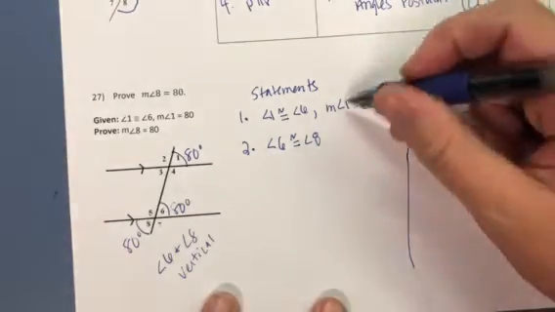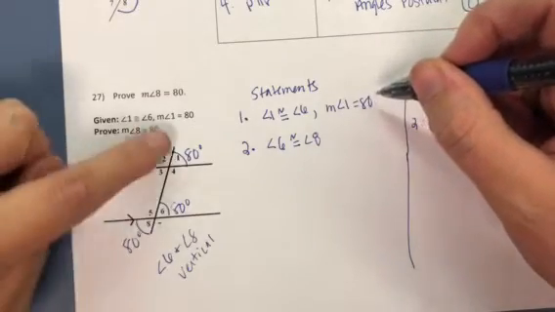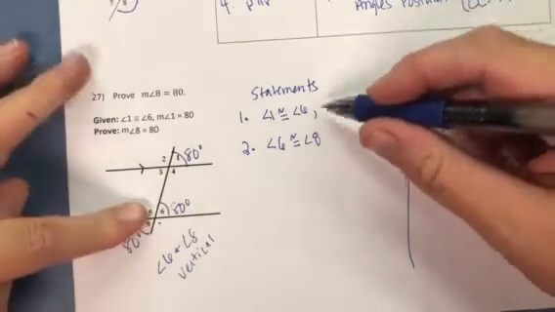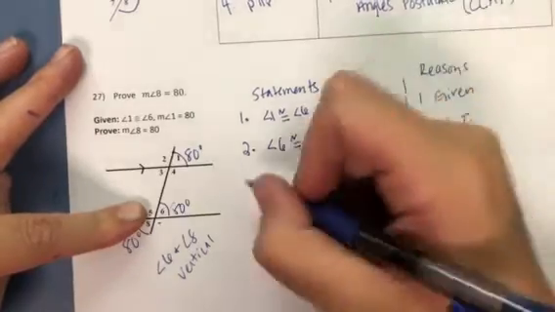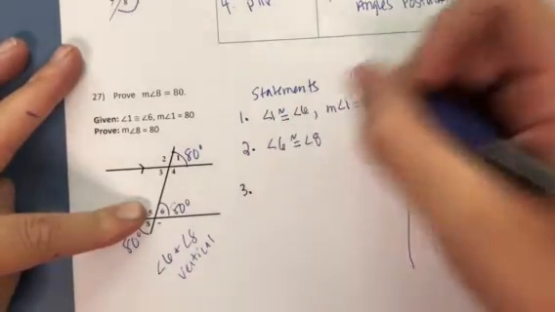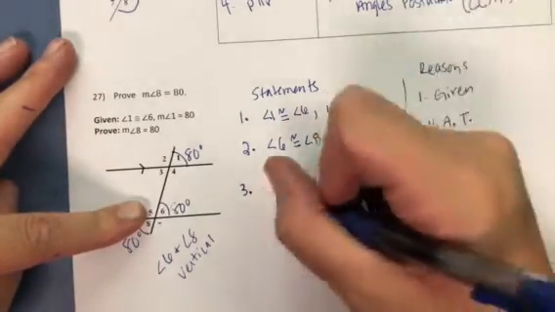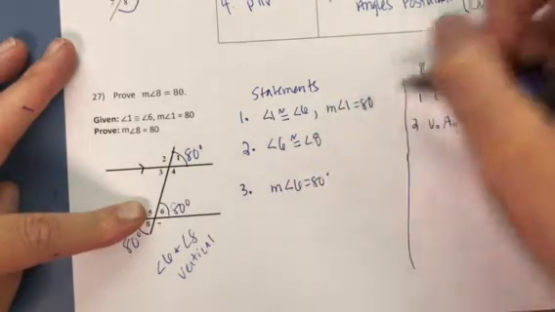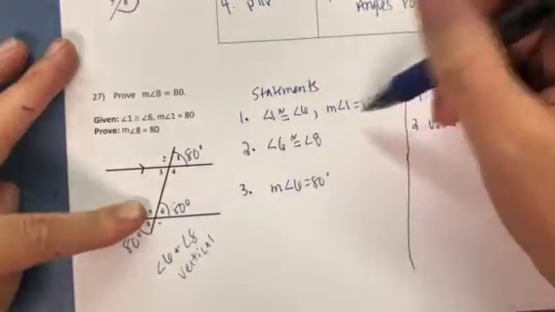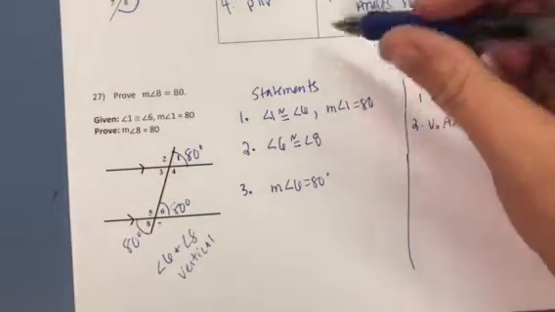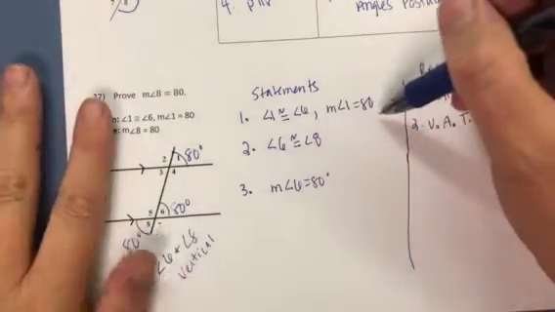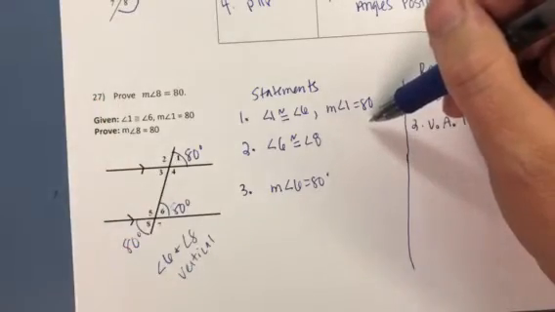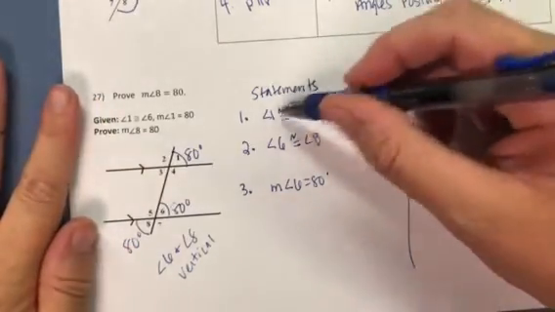So then if I know the measure of angle 1 is 80, the measure of angle 6 has to be 80. So I could say the measure of angle 6 is 80 degrees. And if I think about why that is, there's a few ways we could justify it, but if we look up here, well, we said 1 and 6 are congruent.